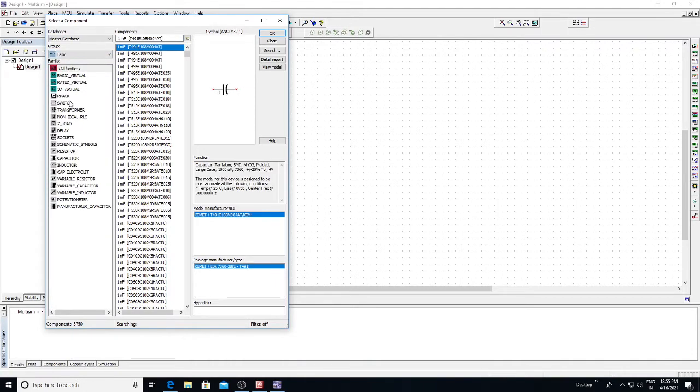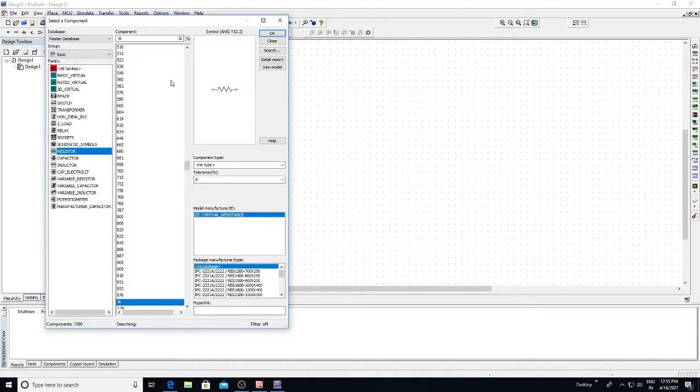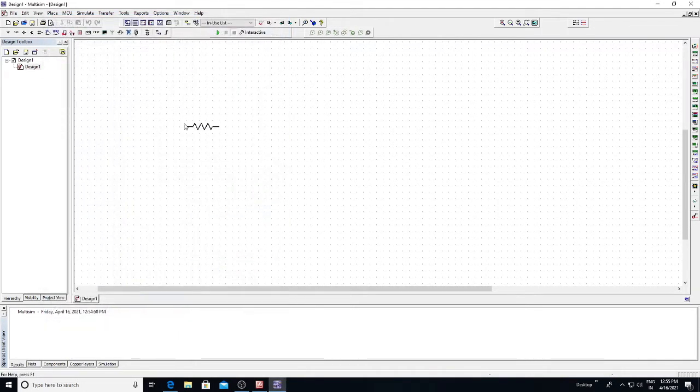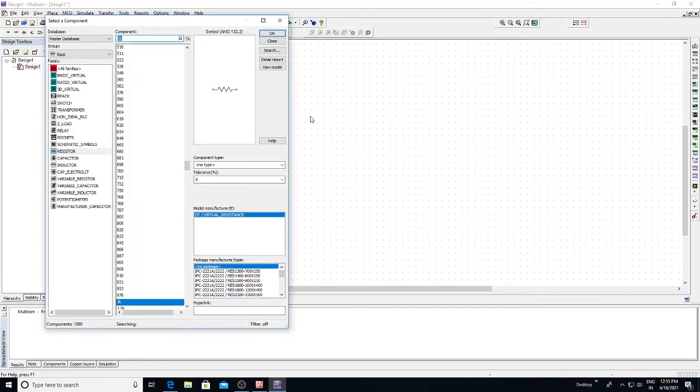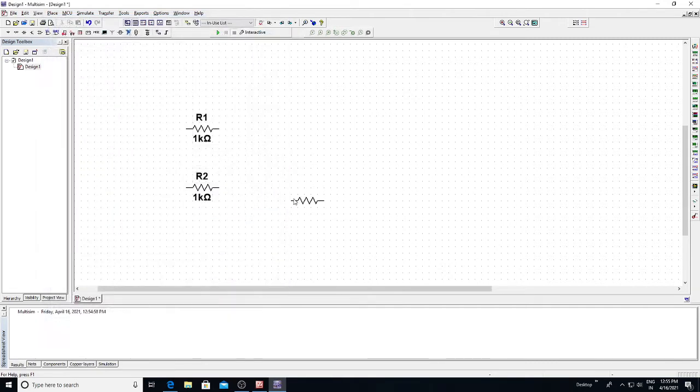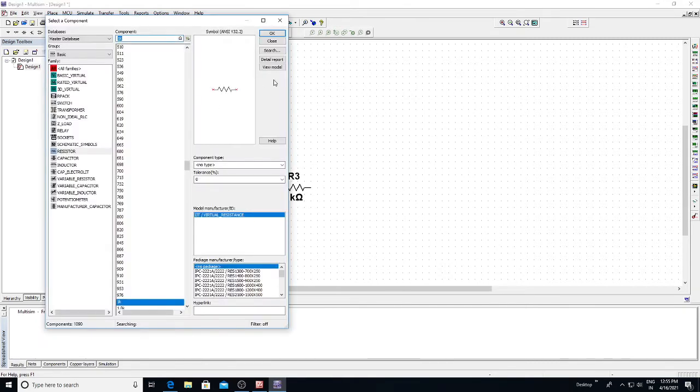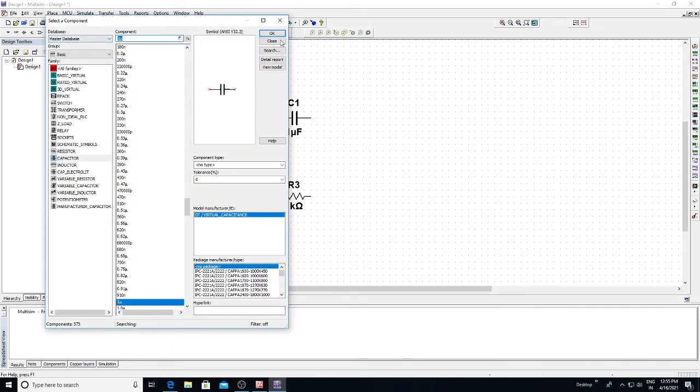Under all groups, go to basic and go for resistors. Place the resistor. Later change the values of the resistors also. And go to the capacitors. We have three capacitors.